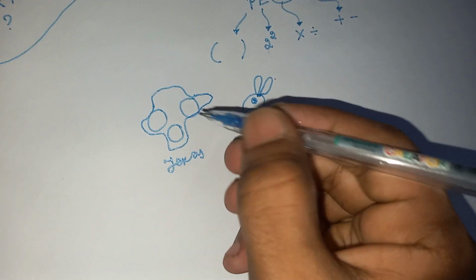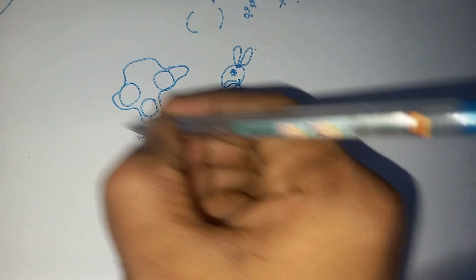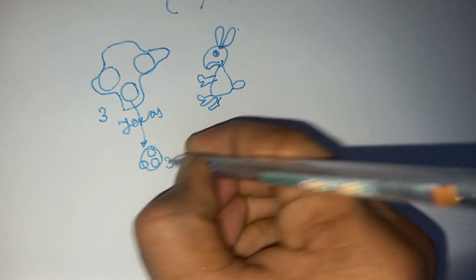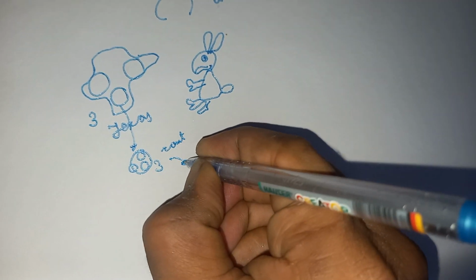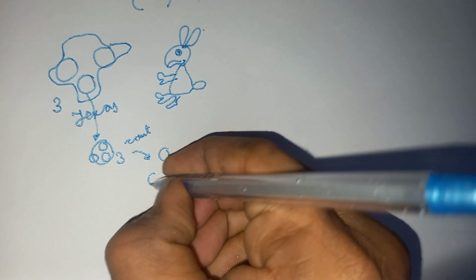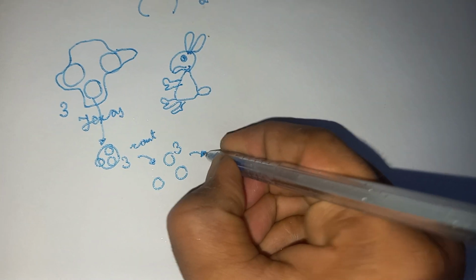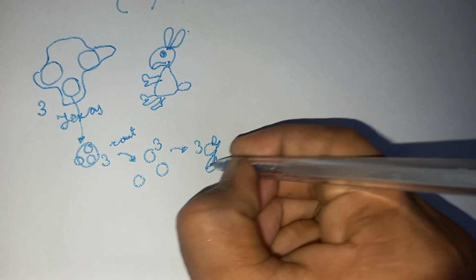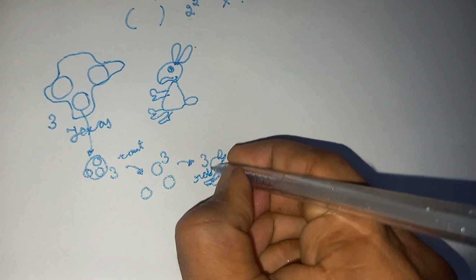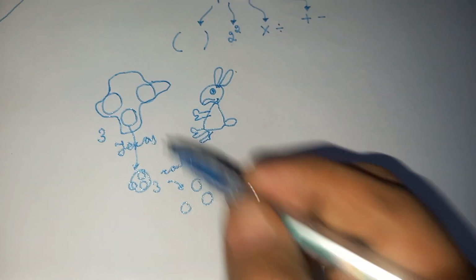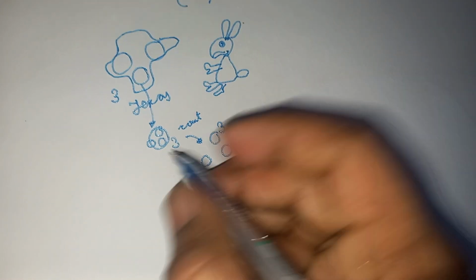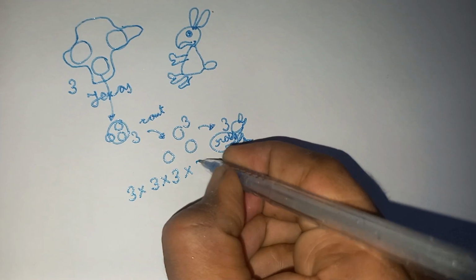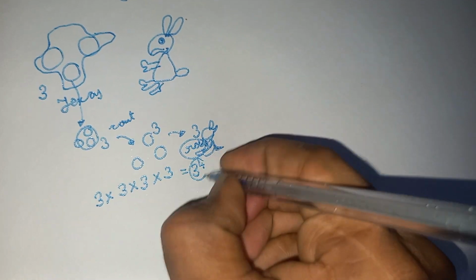In each of the three regions, you find three different counties, and in each county three different villages. In each village you find three rabbits. So in Texas, three regions, three counties, three villages, three rabbits in each village. You're going to find 3 power of 4 rabbits.